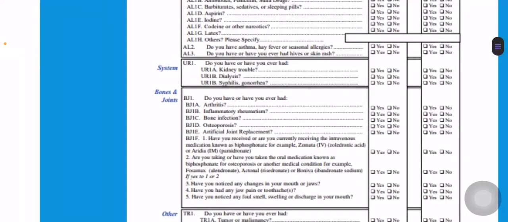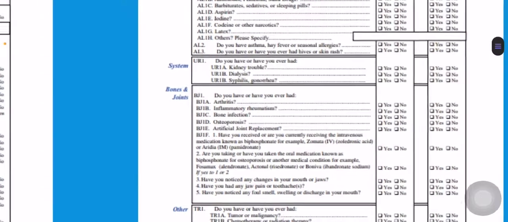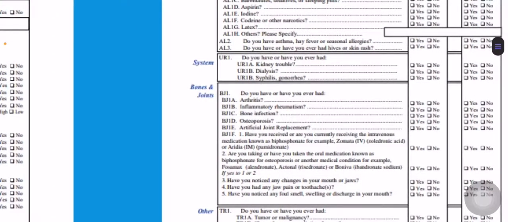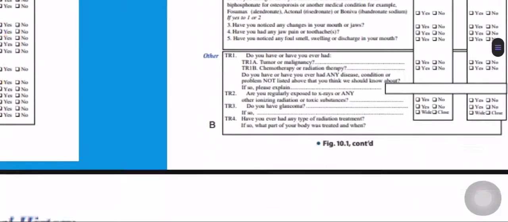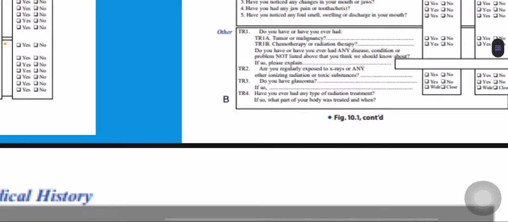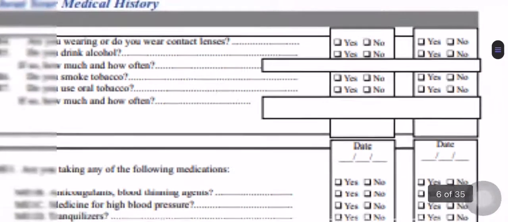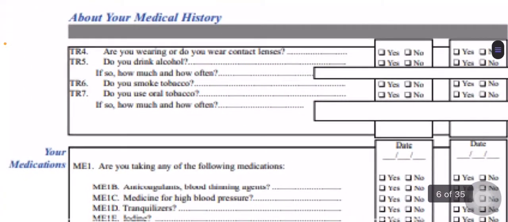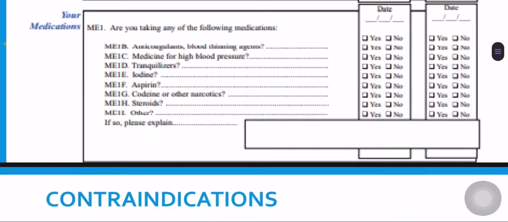Because he could have a risk of getting infected by hepatitis, for example. In the next section, there is also the bone section, whether he has arthritis or any inflammatory bone diseases. Others, such as chemotherapy, or is he alcoholic, or does he chew tobacco, is he a smoker or not.